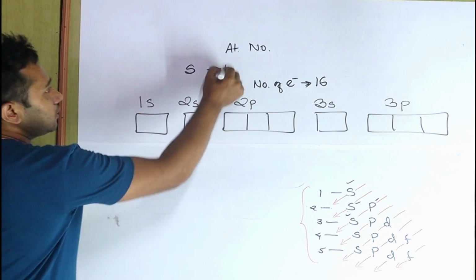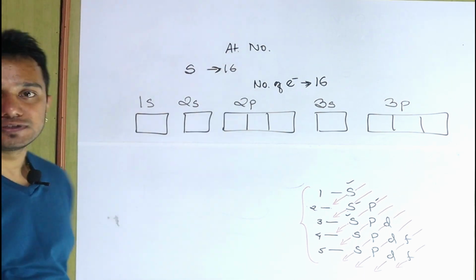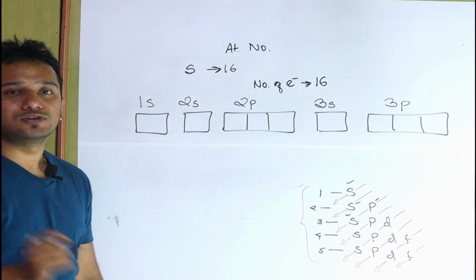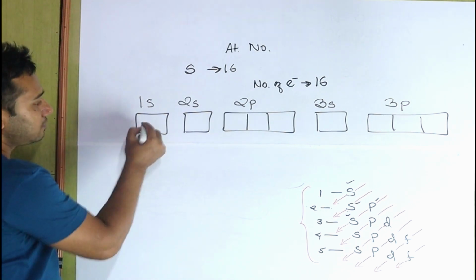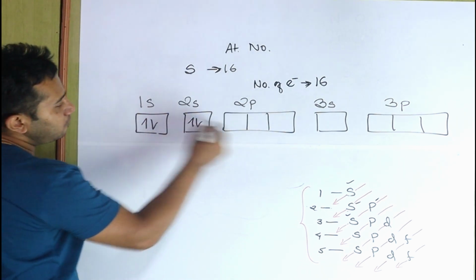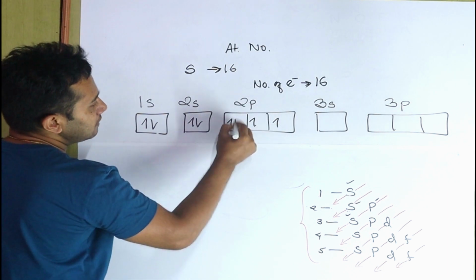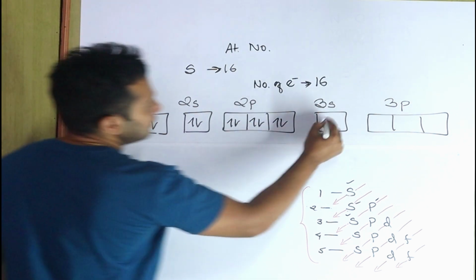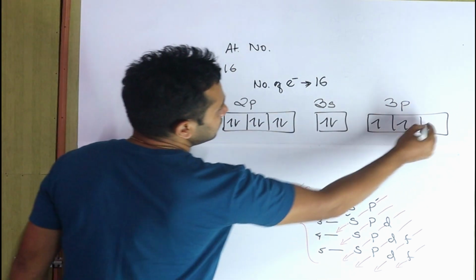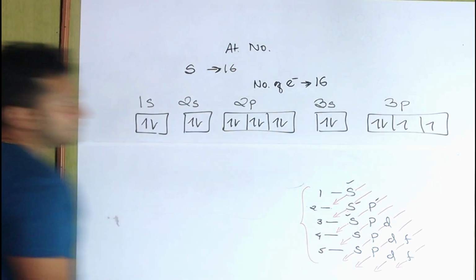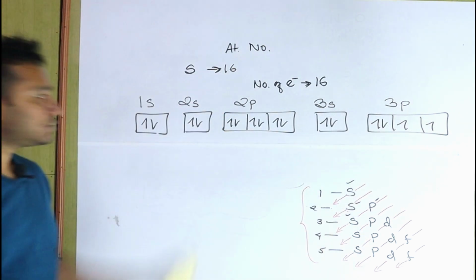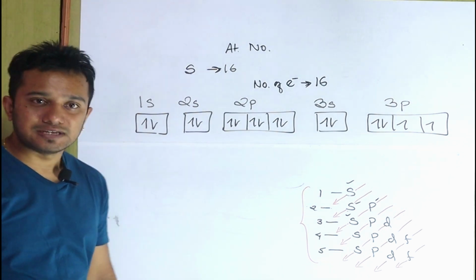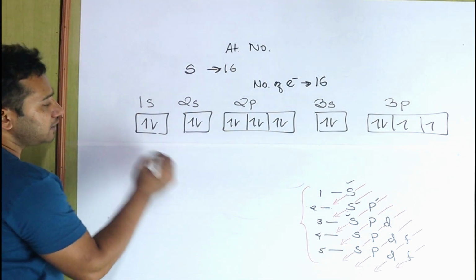Atomic number is 16, number of electrons is 16. So now we'll fill the 16 electrons: 1, 2, 3, 4, 5, 6, 7, 8, 9, 10, 11, 12, 13, 14, 15, 16. There are 16 electrons and I have filled the 16 electrons. So now I'll write the electronic configuration.